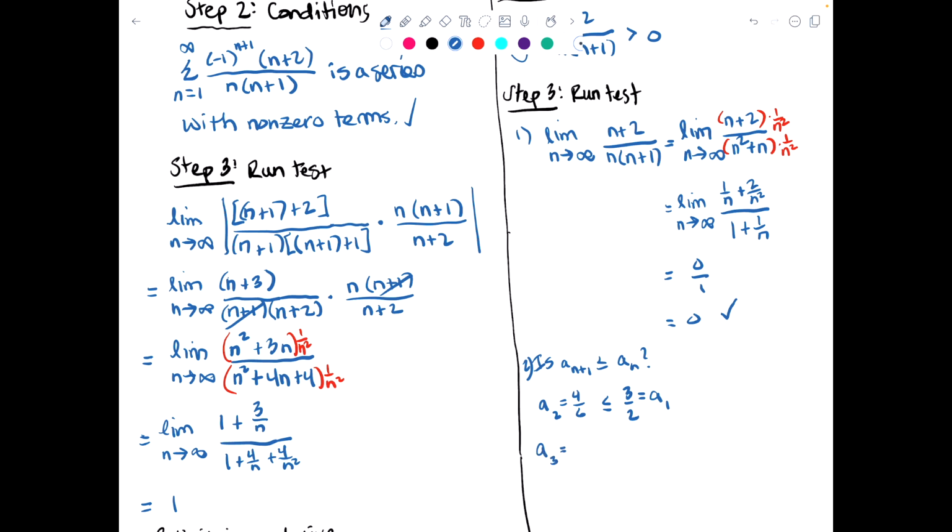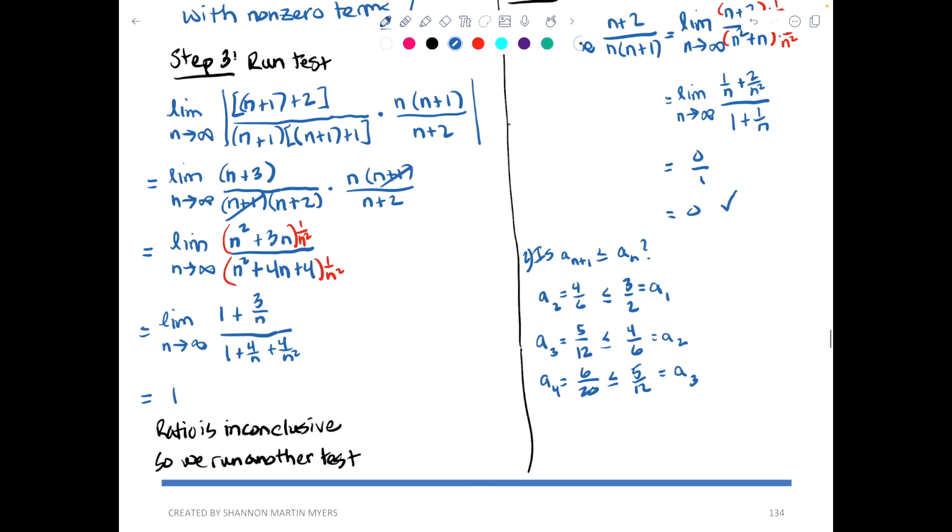A3 will be 5/12, which is definitely less than or equal to 4 over 6, which was A2. We'll go one more term. A4 will be 6/20, which is less than or equal to 5/12. 5/12 is much closer to 1/2 than 6/20, and that was A3. And so that trend will continue. So we'll say yes.